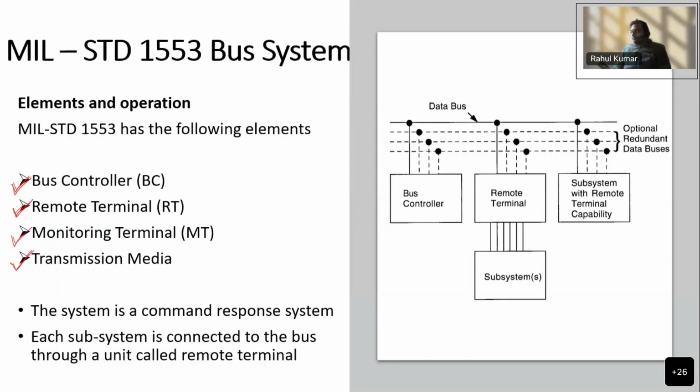So the system is a command response system. That is, all data transmissions are carried out under the control of the bus controller. That is, for transmission you would need a command from the bus controller. Okay.